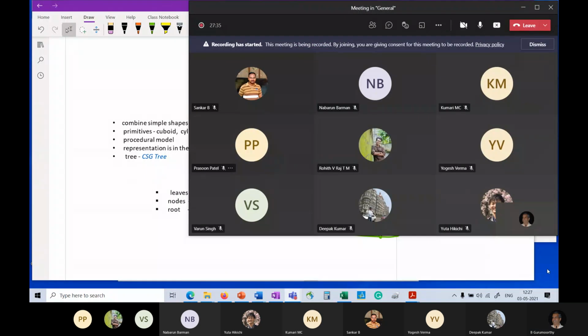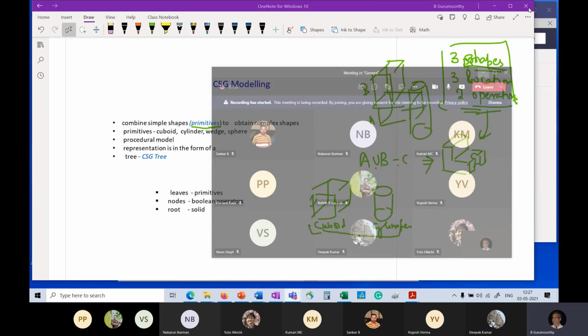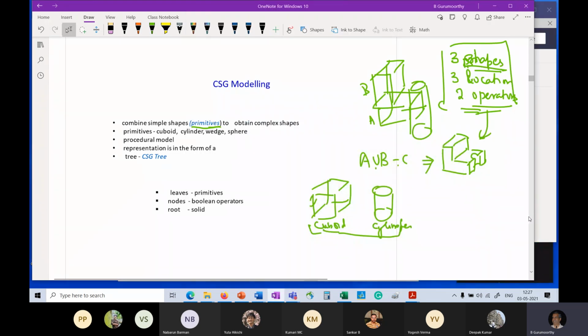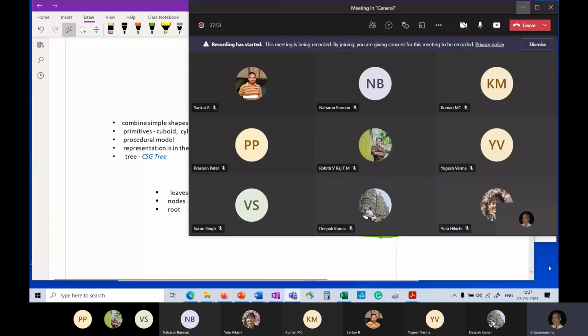Any thoughts? Anybody? Otherwise, I'll have to use Deval's trick and call random people. Just make sure that the people who are showing up here are there. Any thoughts? Nobody wants to venture?